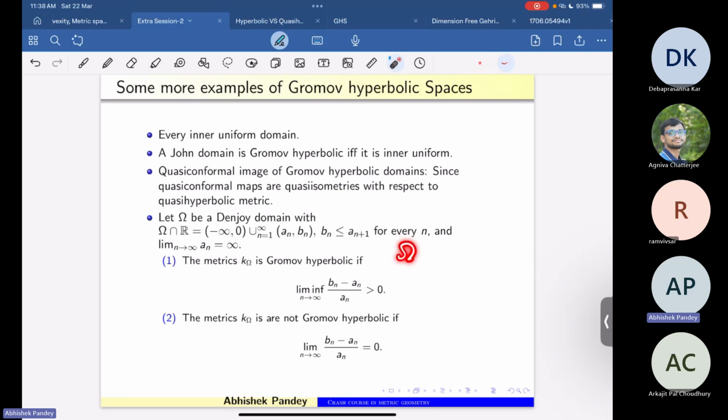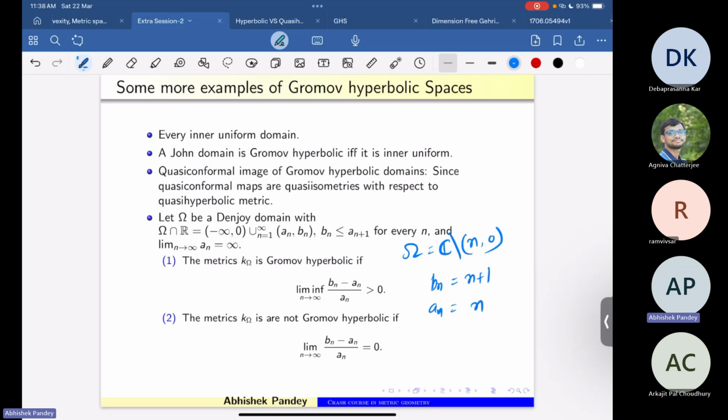So let us say our omega is the complex plane minus these points. Then omega intersected with R will be the intervals with a_n, and b_n will be a_{n+1}. So we are removing the points (1,0), (2,0), and so on, and a_n will be n, isn't it?